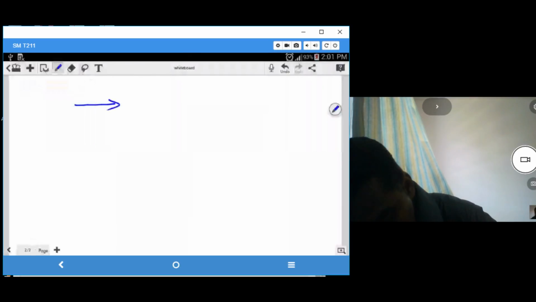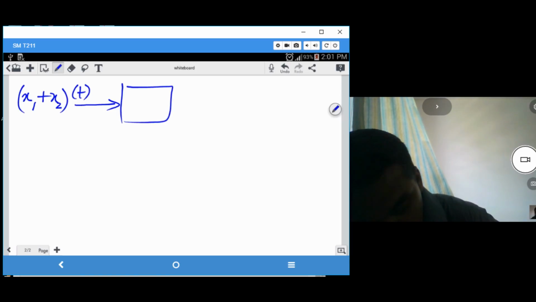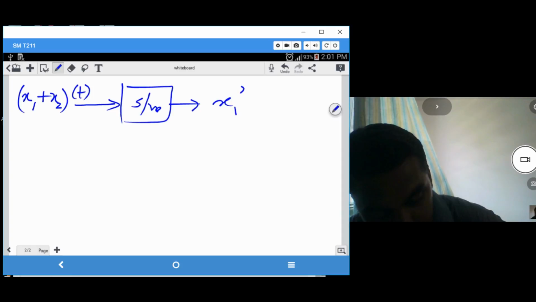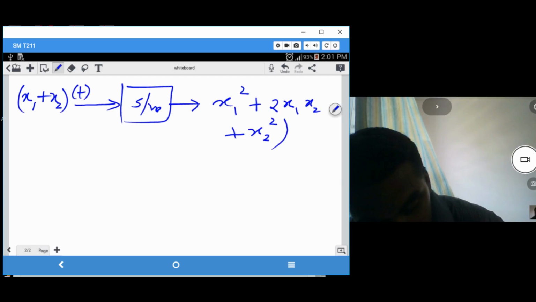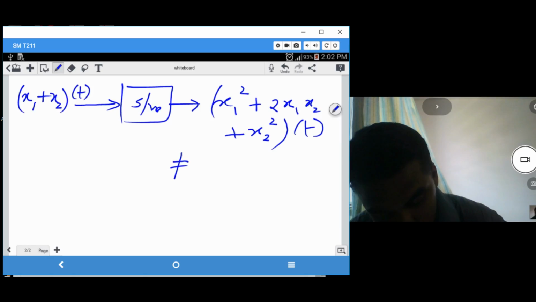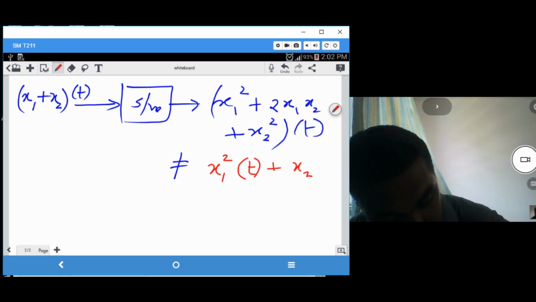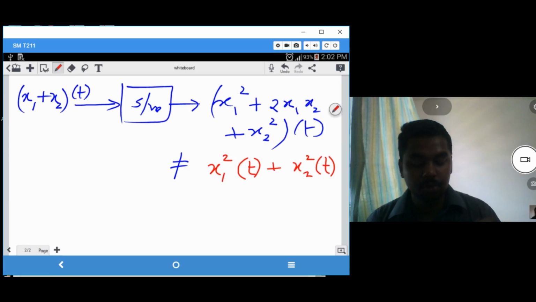We can perform the summation operation x1 plus x2. I'm going to add pointwise the signal x1 plus x2 of t, and if I pass it through the squaring system, it would result in x1 squared plus 2 times x1 x2 plus x2 squared of t, which is not equal to the sum of the individual outputs, which is x1 squared plus x2 squared of t.